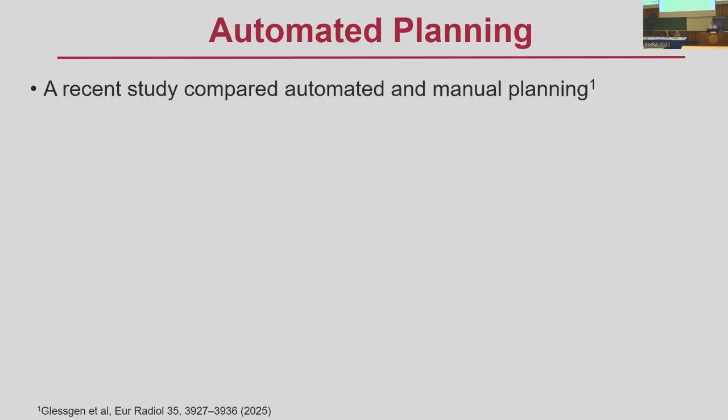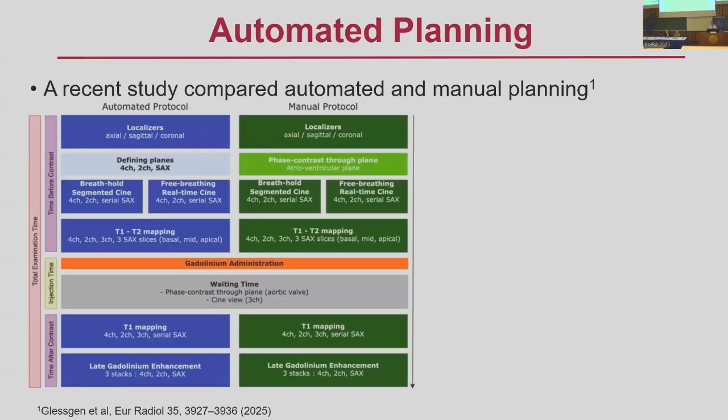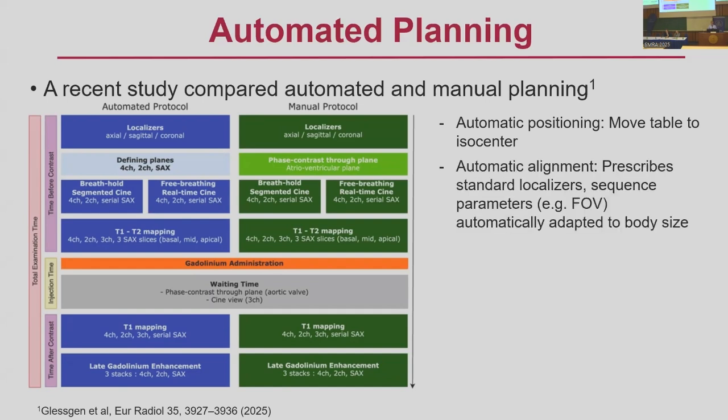So I'll try to focus on a recent study that highlighted this. This was published this year and compared automated and manual planning. The automated planning included a few things. One was automated positioning, so rather than the operator moving the table to the isocenter, this was done automatically. Automatic alignment, prescribing the standard localizers automatically, then adjusting the sequence parameters based on the body size.